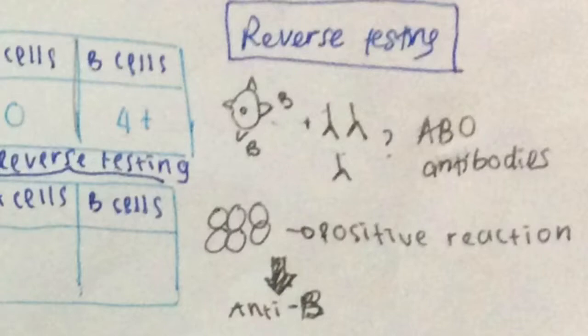So in this example, there is a positive reaction for B cells, meaning that there must be the presence of a specific antibody that binds to the B antigen. So in this case, anti-B is present because only anti-B can bind to B antigen and cause agglutination that leads to a positive reaction. So we can say that anti-B is present in this example.